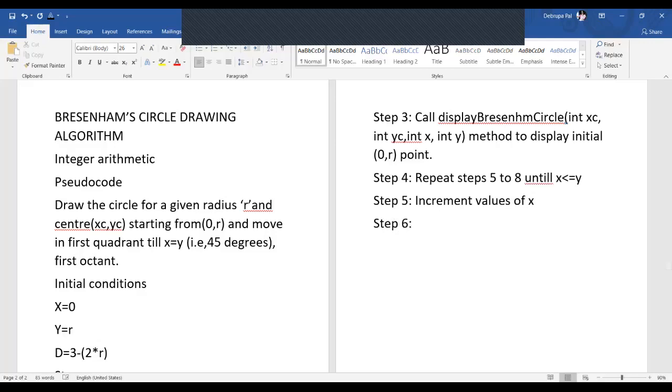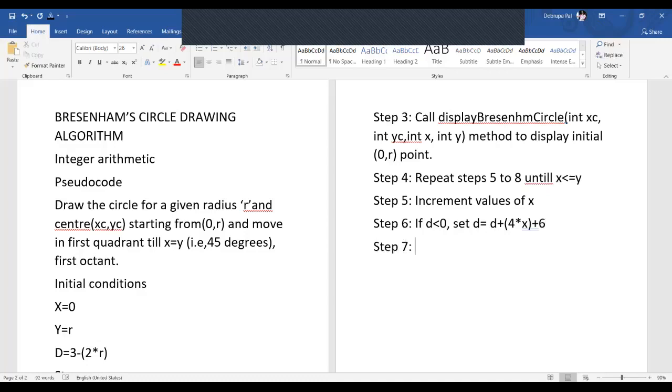Now we will look into the next step. Step 6: if d is less than 0, we will change the value of d. Set d is equal to d plus 4 into x, plus 6. This is the algorithm step. Now we look into step 7.